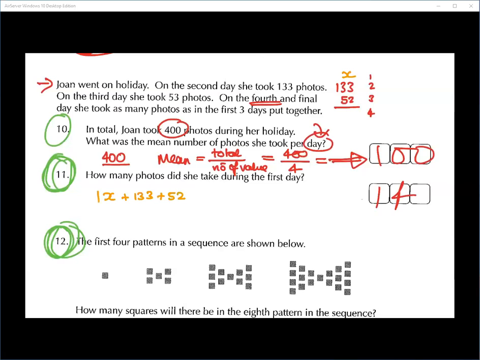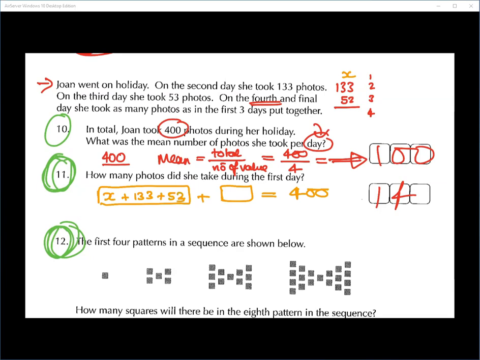So basically, this one here, add the fourth day one, is going to give us what? 400. So what do they both add up to then in that case? Is it going to be 200? Well, first of all, let's put this one. What's 133 add 53?